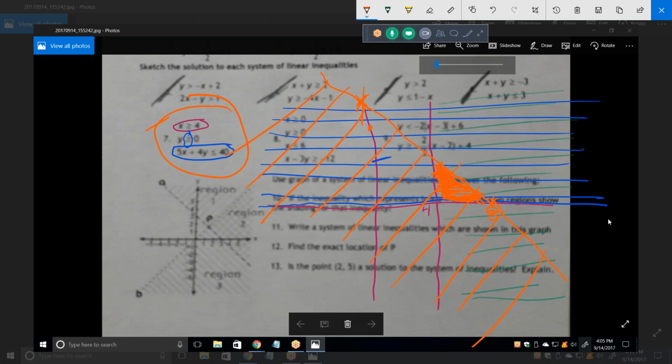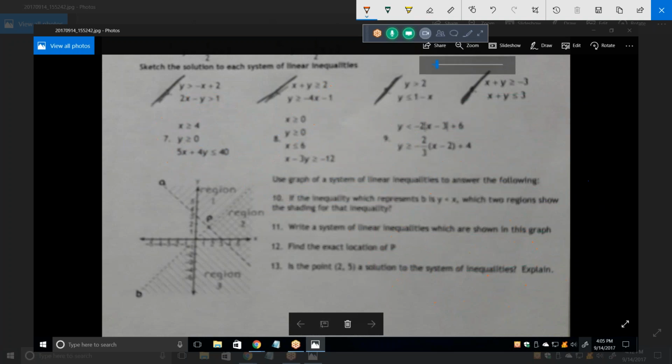One of them being that vertex, one of them being that vertex, and one of them being that vertex. That would be one way of describing it. But usually the way you describe them is by a graph. That's the most efficient way to describe a solution set to linear inequalities, as opposed to a number. It would be very difficult with a number line to do it.